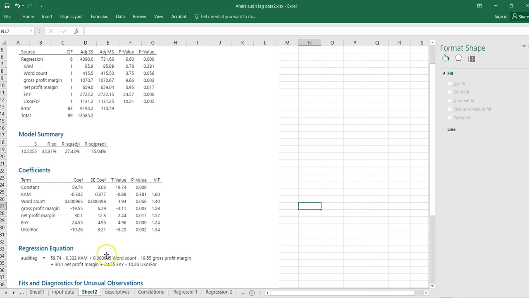What you are interested in is whether the word count is significant in explaining the audit lag, or whether it's just a measure that they've put in, but it could equally well be zero. If that what's called the coefficient is 0, then it means that whatever the word count is not going to affect your audit lag.